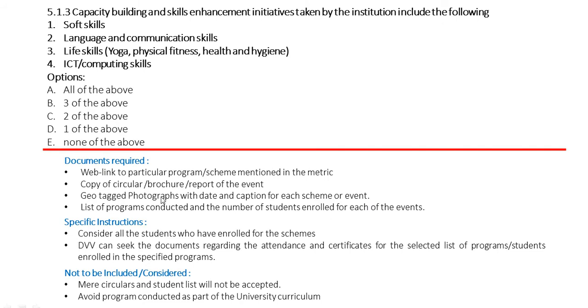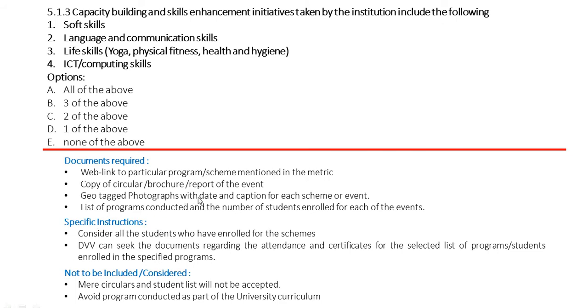For geotagged photographs, you can refer the guidelines video where we have explained how to click a geotagged photo and also how to download it to your institutional website or how to be uploaded in a metric has been explained. So kindly go through the guidelines video.